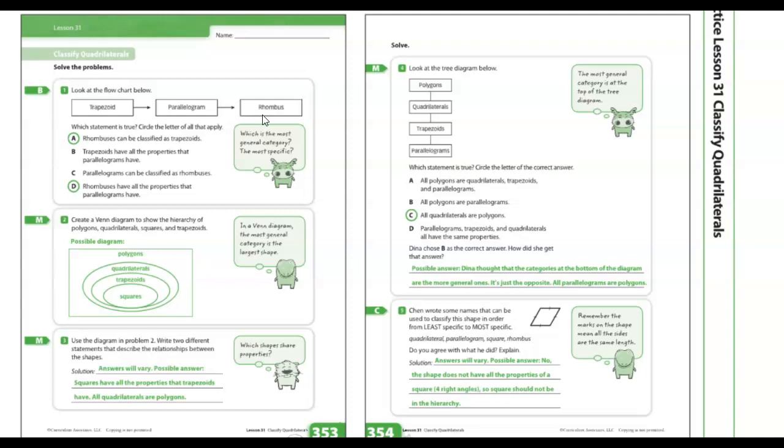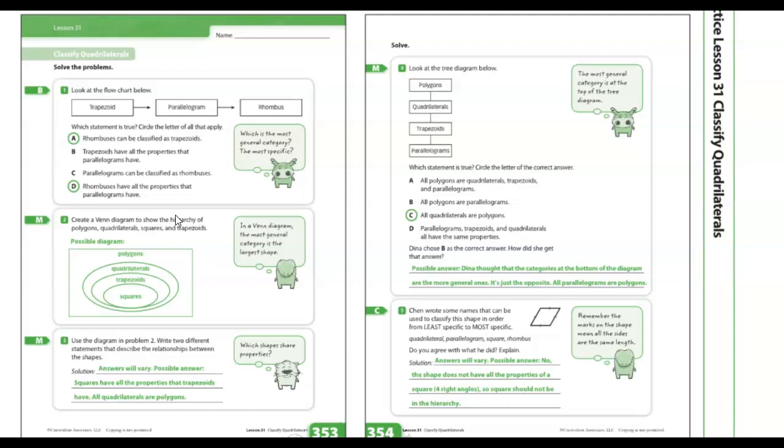Create a Venn diagram to show the hierarchy of polygons, quadrilaterals, squares, and trapezoids. So this goes back to the Venn diagram that was created on textbook page like 329, and then again on the top of page 331.